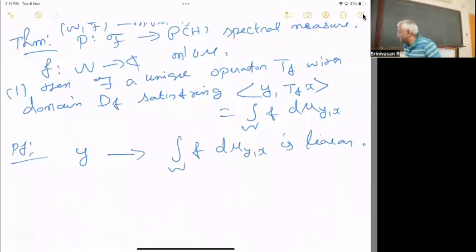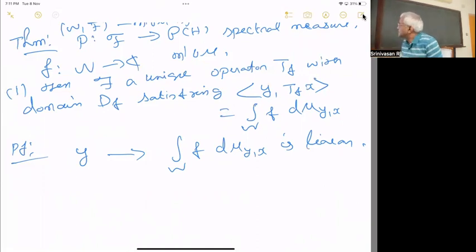Okay, this is linear. Maybe I should put the T_f x on the other side because it's conjugate linear. I mean, y going to this will be conjugate linear.